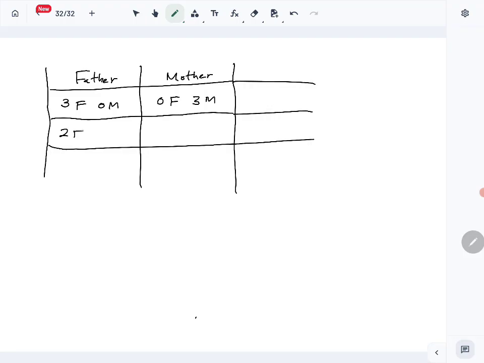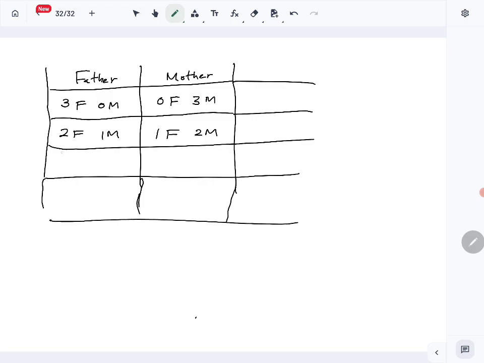For father to invite 2 females and one male, then mother has to invite one female and two males. Then you see the pattern, no? You can guess the next two. Father invites one female and two males. Mother invites two females, one male. Father invites zero females and three males. Mother invites three females and zero males. Right. So those are the only possible ways you can invite six people with three females and three males together.